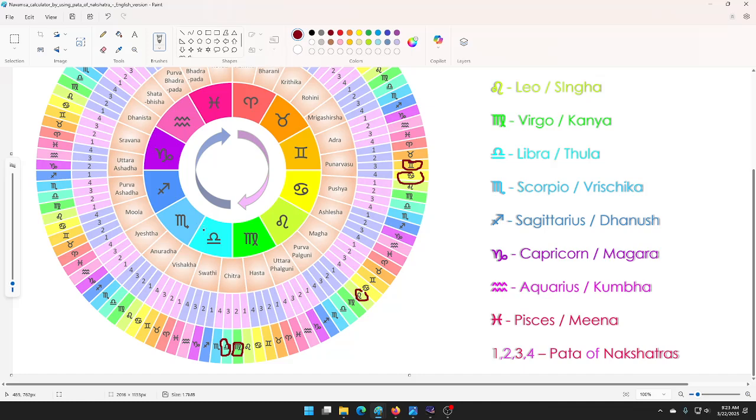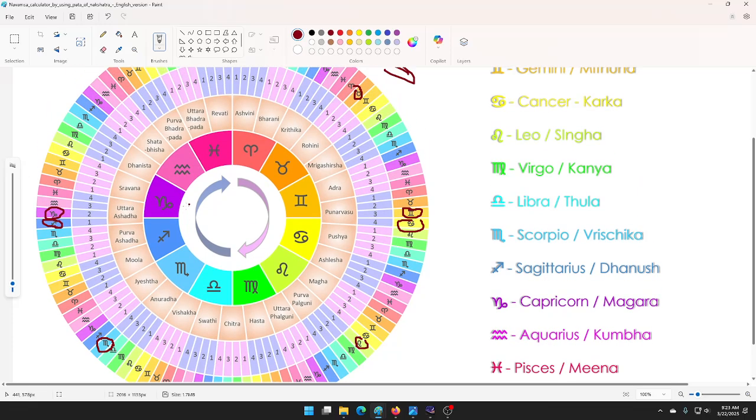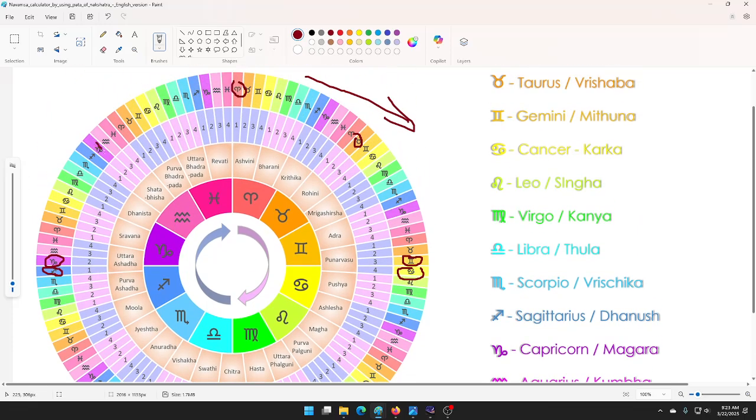Cardinal, right in front. Fixed, right in the middle. Mutable, where are you at? Right in the back. Cardinal, right in front. Fixed, right in the middle. And lastly, Pisces, right at the end. Wow. Isn't it beautiful?